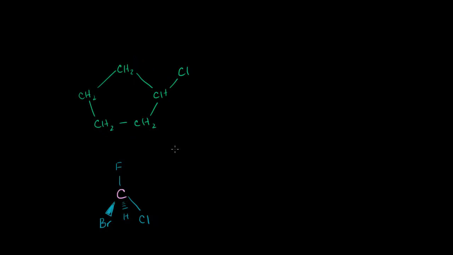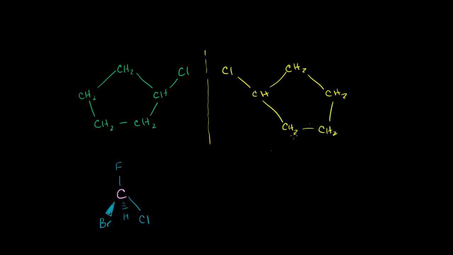The easiest way, or the way my brain likes to think about it, is just to think about its mirror image. Its mirror image will look like this. So if that's the mirror, you would have a chlorine, and then you have CH, CH2, CH2, and you have a CH2, CH2, and then you complete your cyclopentane.